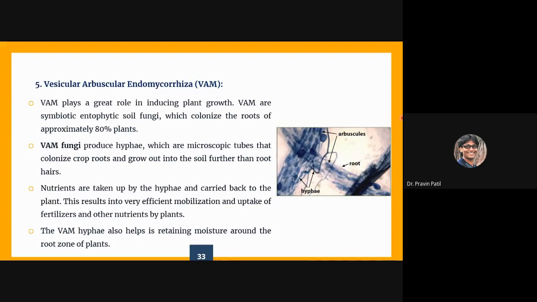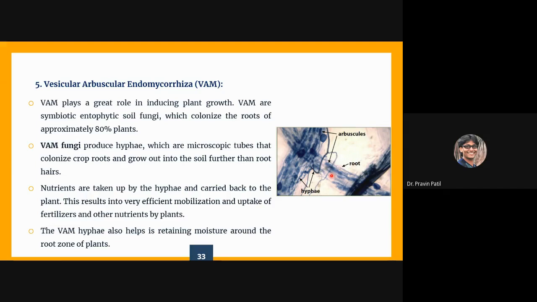If you see the microscopic structure of them, you can see this hyphae. The hyphae of VAM are microscopic tubes that can colonize crop roots and grow out into the soil further than the root hairs. So they literally extend the roots artificially and try to take up the nutrients from the surrounding. That is why they are commonly found in all kinds of plants.